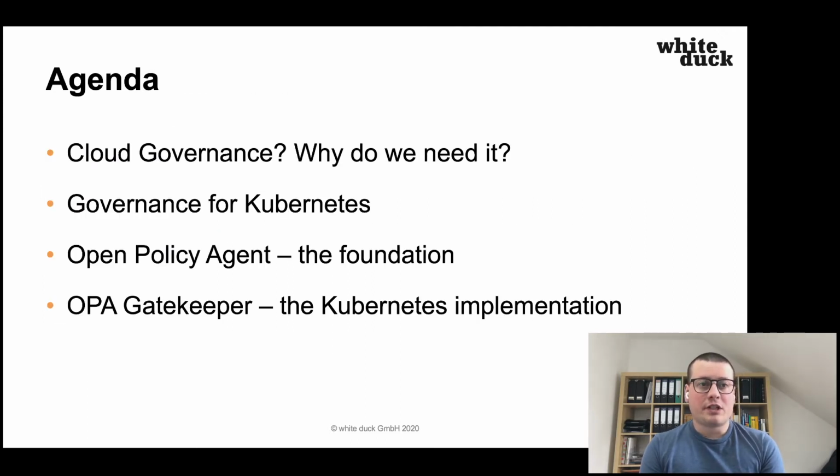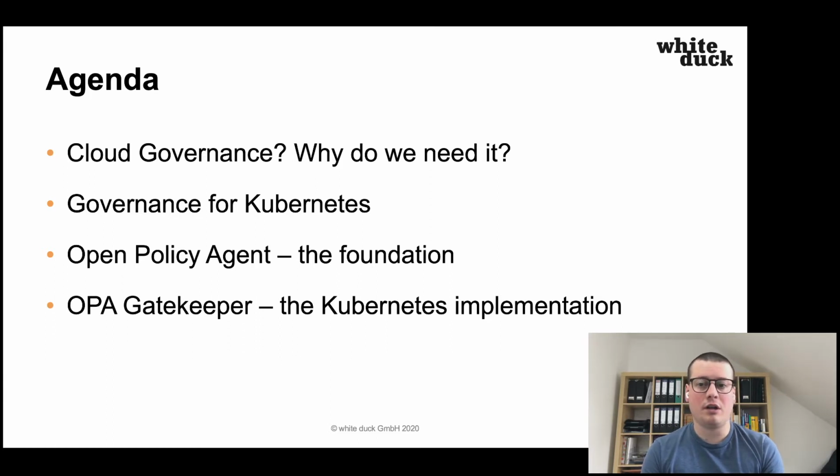As already mentioned, I would like to introduce you to Kubernetes policy and governance topics. So, briefly, the agenda for this video today. First of all, I would like to talk about cloud governance in general. So why do we need cloud governance? What are the pros? What are the cons? And then doing a deep dive into governance for Kubernetes: why we need it, and afterwards how it works.